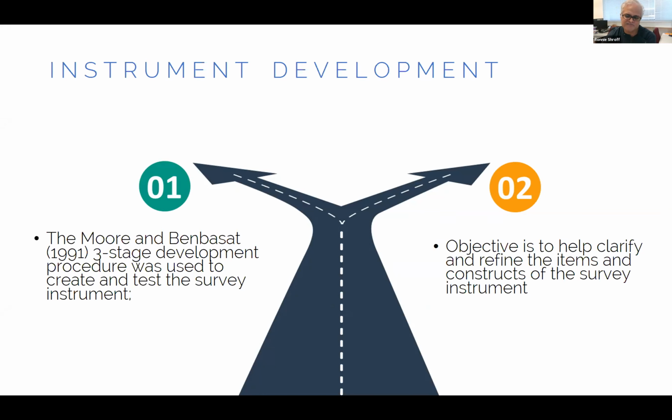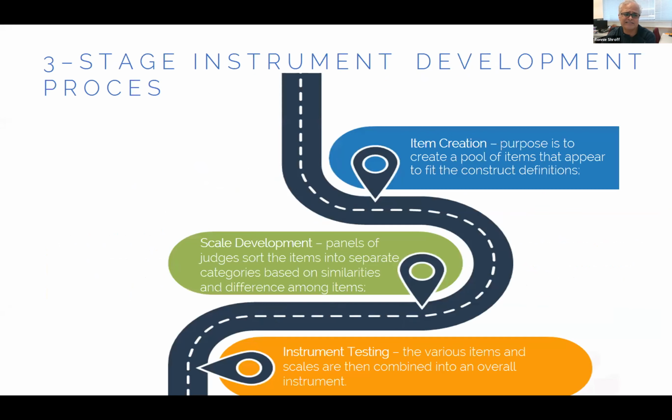So the objective is to refine the items of the constructs of the instrument. And it's really a three-stage process. The first stage is item creation, where the purpose is to create a pool of items to fit the construct definitions. The second part is scale development.